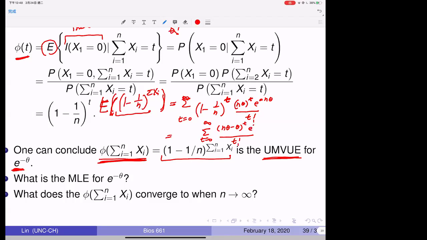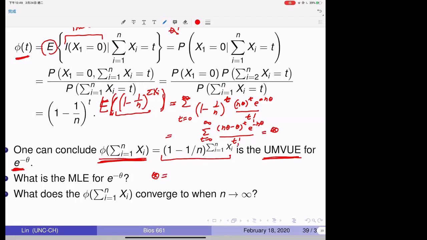Then exponential minus n theta right here.